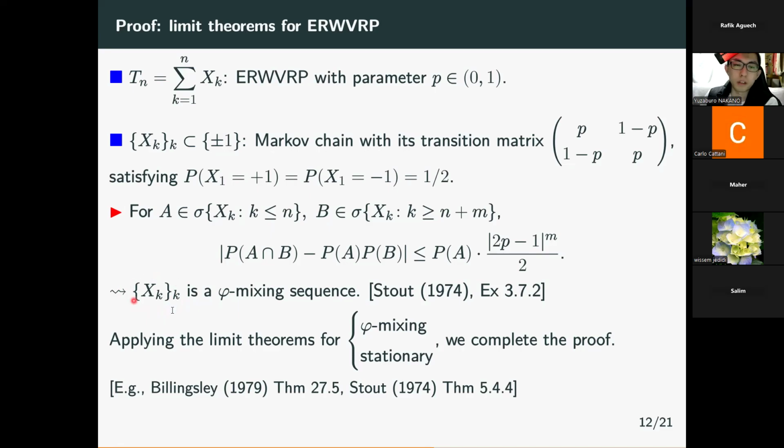And then we can find that xk is a phi mixing sequence, and Tn is a sum of a phi mixing sequence of random variables. So applying the limit theorems for phi mixing and stationary sequences, we can obtain the limit theorems for Tn. For example, we can apply Billingsley's results and Stout's results.